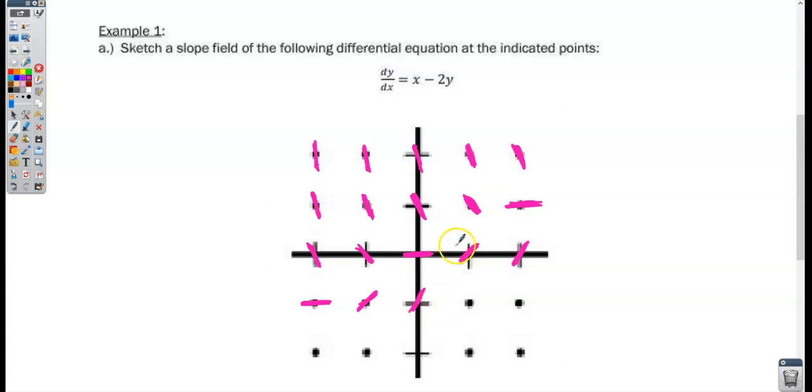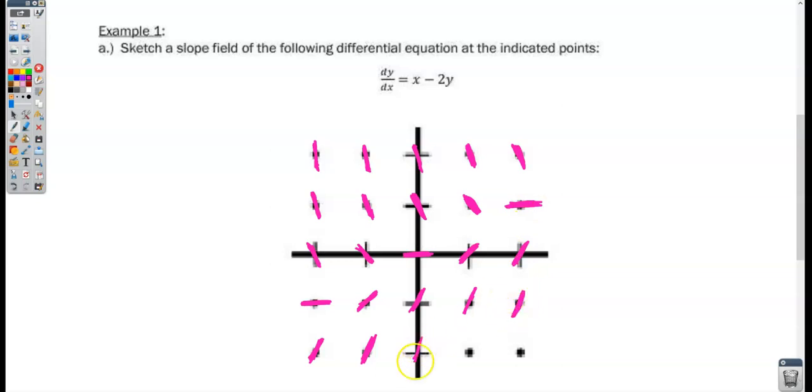The slope here was 2, so the slope here is 2. And let's see, at 1, -1, when x is 1 and y is -1, the slope is 3. So the slope will also be 3 down here. At 2, -1, the slope is 4.